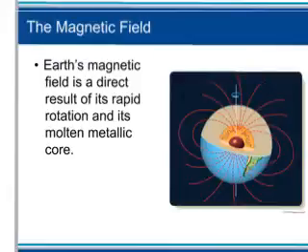So we have this molten metallic core down here, but that alone doesn't necessarily create the magnetic field. We get the Earth rotating around its axis, and that makes the magnetic field swirl.